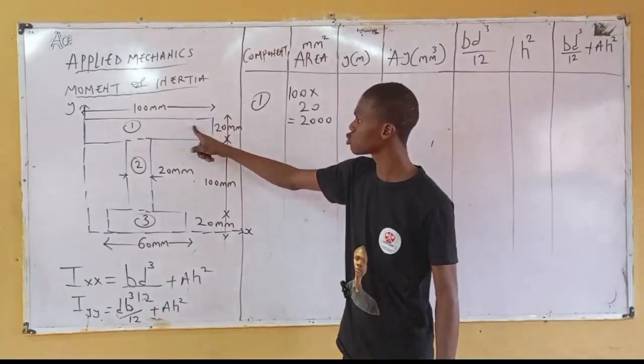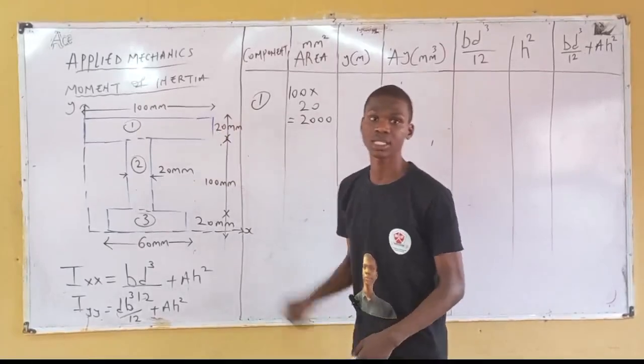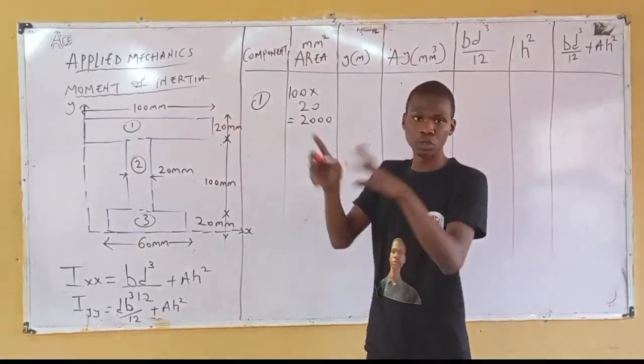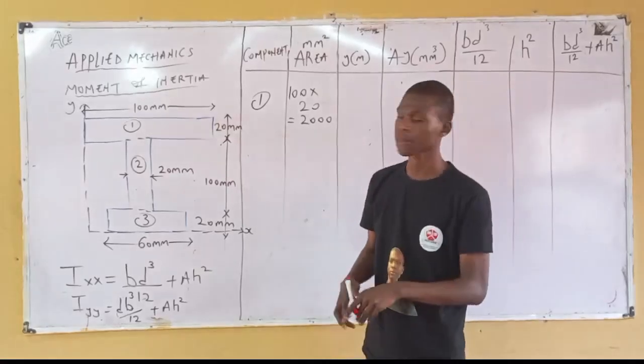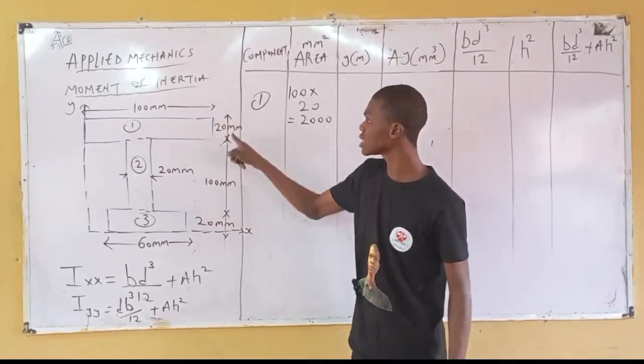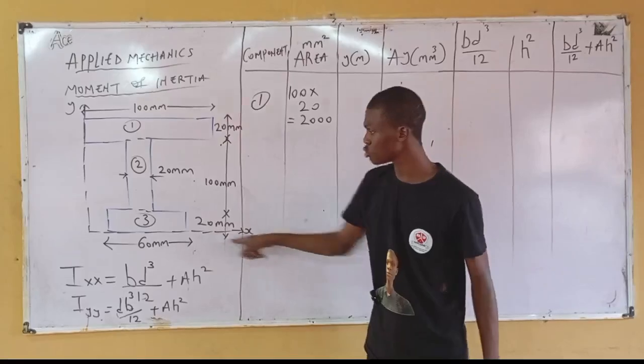Now, check this component 1. What is the depth of this component 1? 20. The centroid is 10. The idea of centroid is that the whole weight of the body is acting at the midpoint. If from here to here is 20, the centroid becomes 20 divided by 2, which is 10. Now, from that 10, you are going to this x-axis.